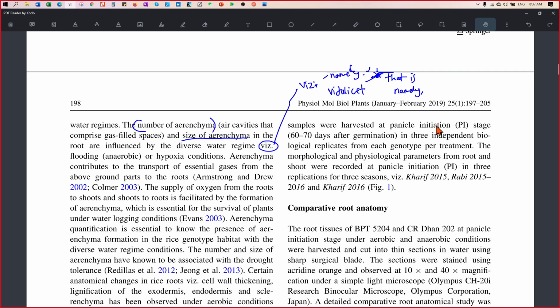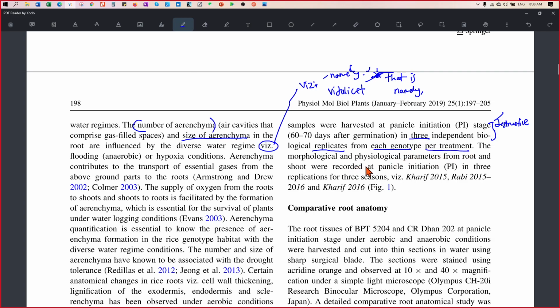So this tells you this experiment is somewhat destructive, because when the plants are about 70 days old, they were removed from the soil so that they can get the parameters for the roots. And in 3 independent biological replicates from each genotype per treatment. They also mentioned the replicates, which is 3 for each genotype per treatment.